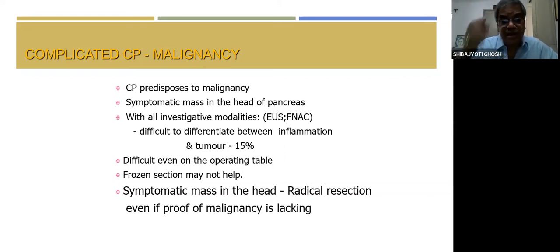Of course, assess CA 19-9, and CT scan and endoscopic ultrasound might help you confirm the diagnosis. If it is still doubtful, we go for Whipple's operation, and final histopathology will give the diagnosis.